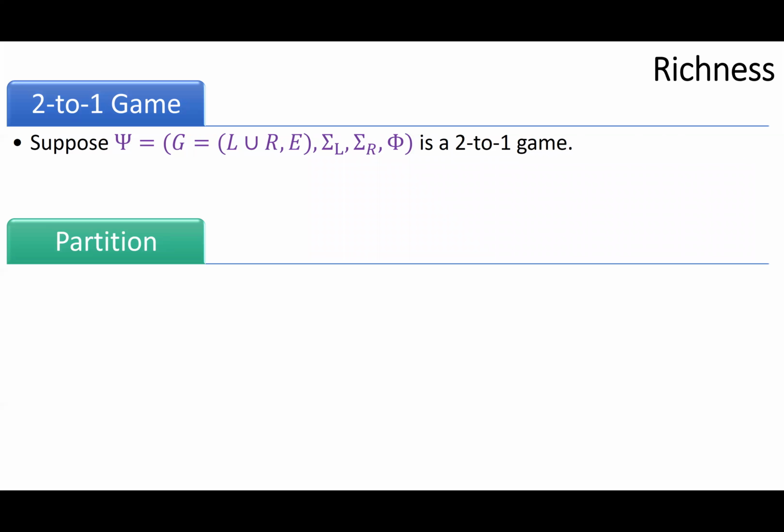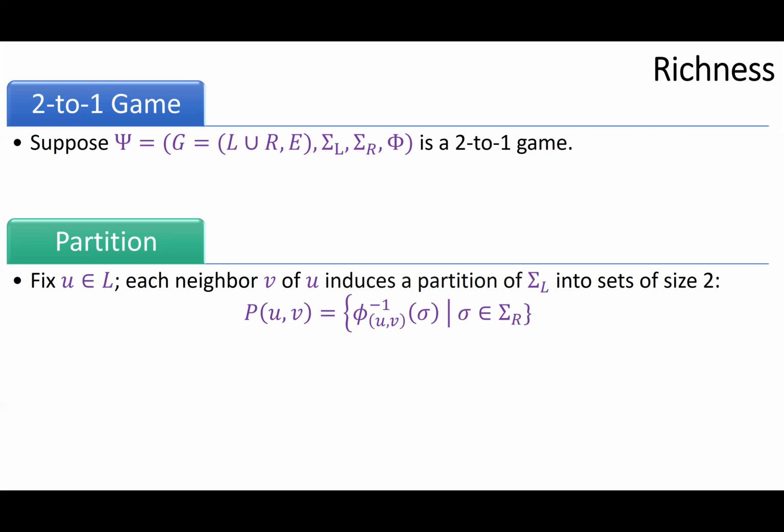Now we're going to define partitions. So what do I mean by that? Well, let's fix some vertex u on the left side. And let's consider each one of the neighbors of u. So I claim that each neighbor v of u defines a partition of sigma L into sets of size 2.